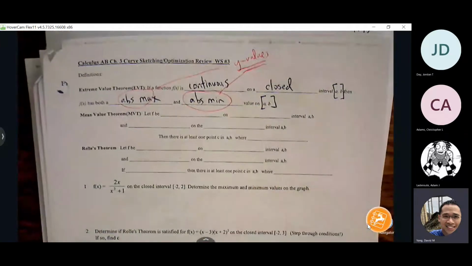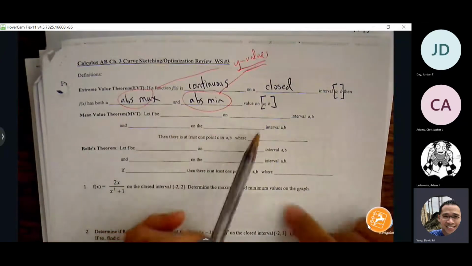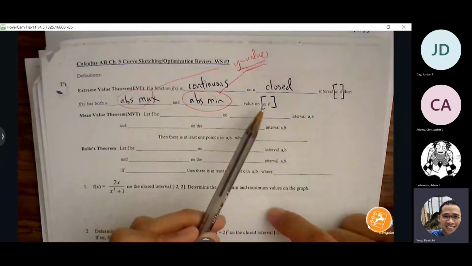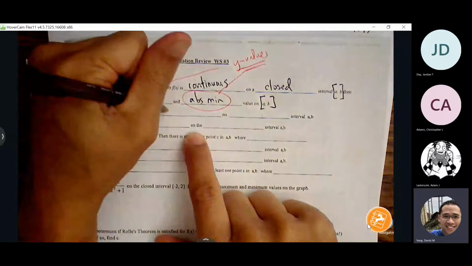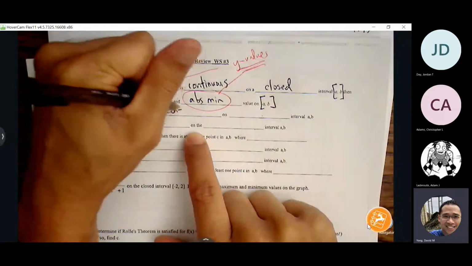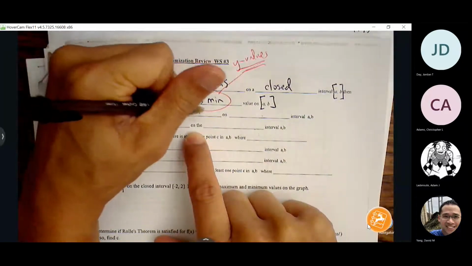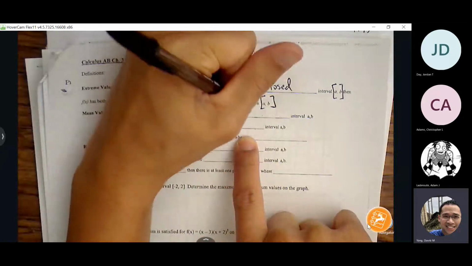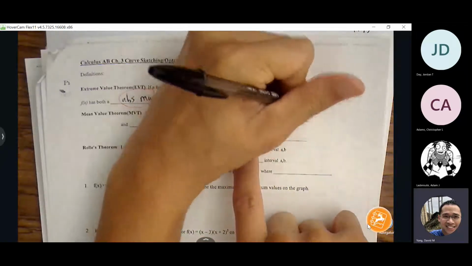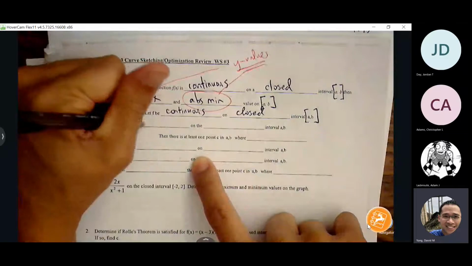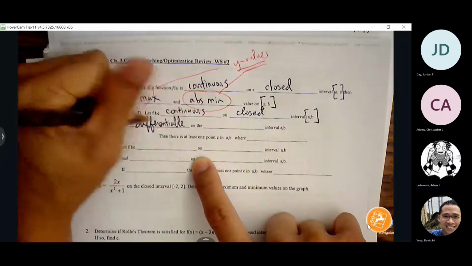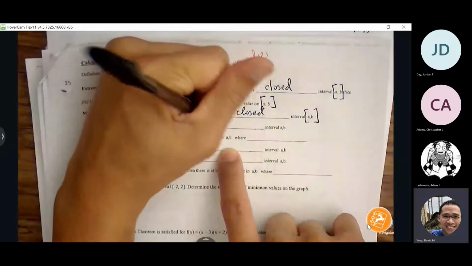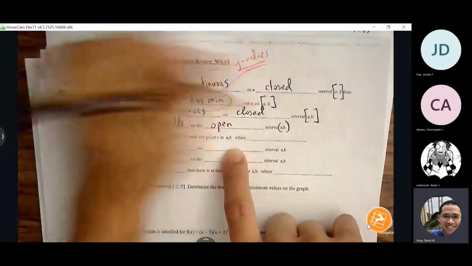Mean value theorem and Rolle's theorem are very much alike, but there's an additional condition besides continuity. There's also differentiability. So the function has to be continuous on the closed interval, bracket, and differentiable, meaning a smooth curve, on the open interval, parentheses.